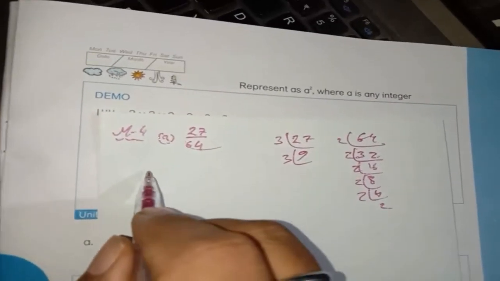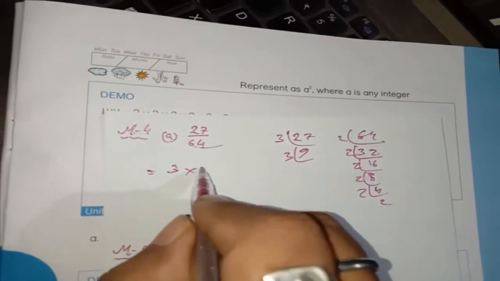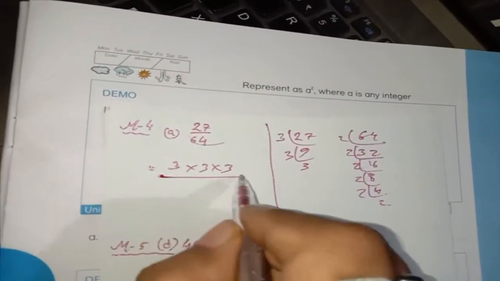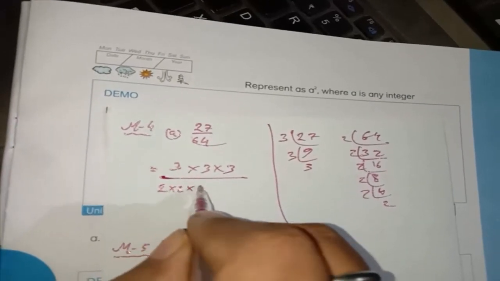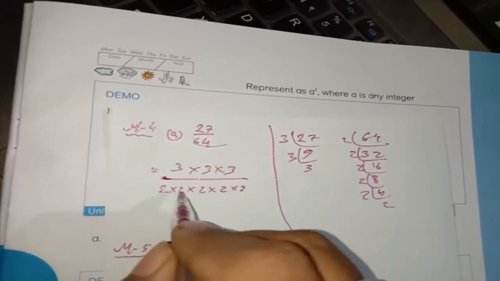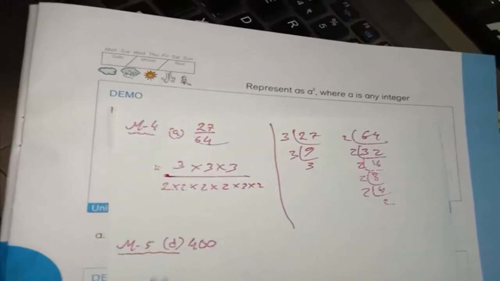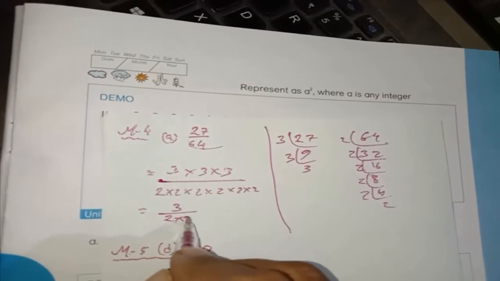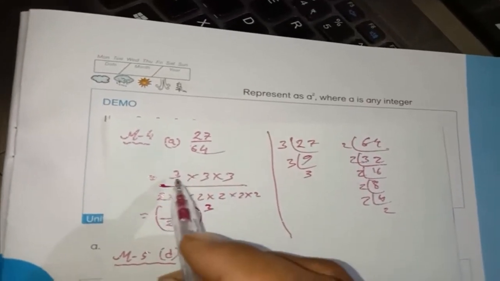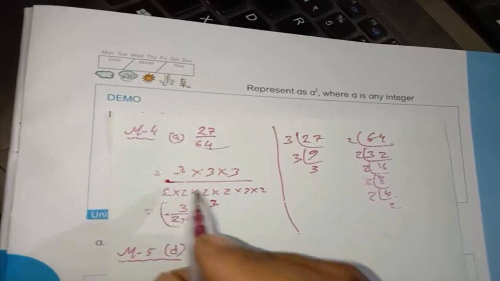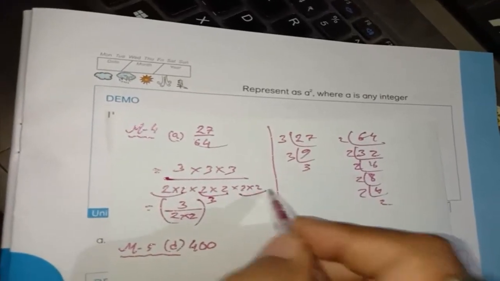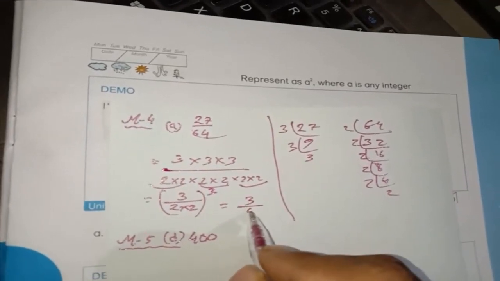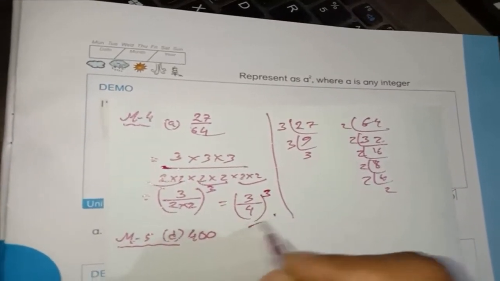So this can be represented as 3 into 3 into 3, divided by 2 into 2 into 2 into 2 into 2, which can be represented as 3 by 2 into 2 whole cube. 3 times and 2 2's, 3 times. So this will be 3 by 4 whole cube.